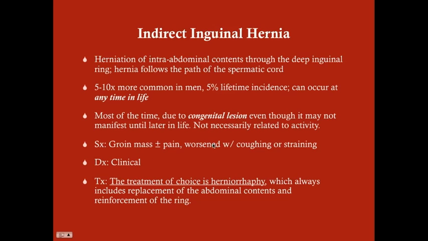But if it does get worse with increased intra-abdominal pressure, then that points toward the clinical diagnosis, and the diagnosis can be made clinically. The treatment of choice is herniorrhaphy, which is just a fancy word for hernia repair, and that includes replacement of the abdominal contents, putting them back into the abdominal cavity, and then reinforcing the deep inguinal ring.